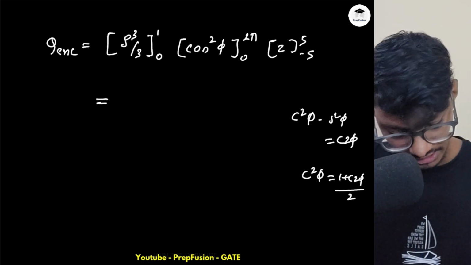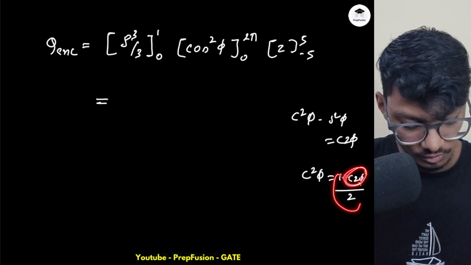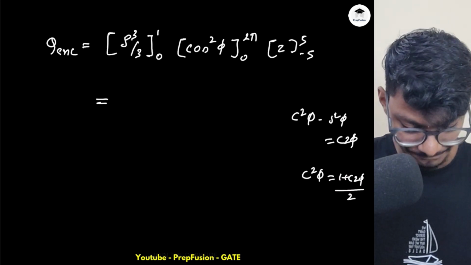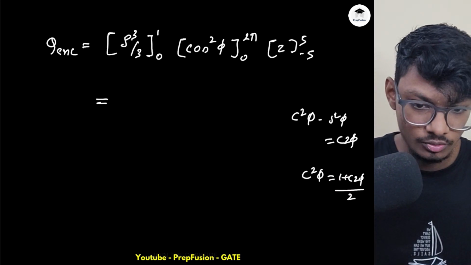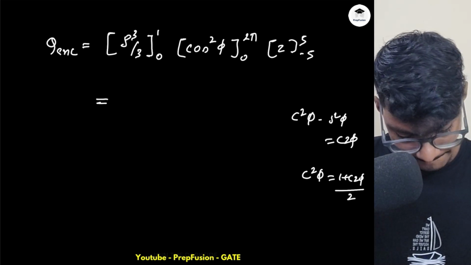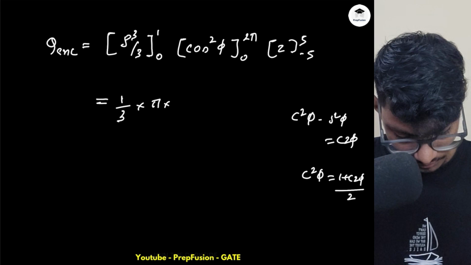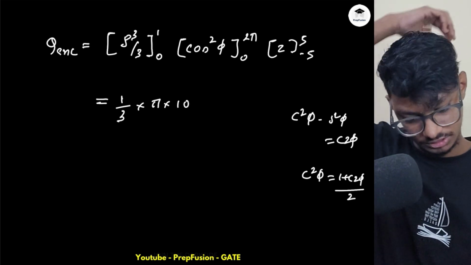So if I integrate this whole thing from 0 to 2 pi, the cos 2 phi part will be 0, only this one will be left. So 1 by 2 into 2 pi is simply pi. So this one will be 1 by 3 into pi into 10, right? So yeah, this is what I will get basically.